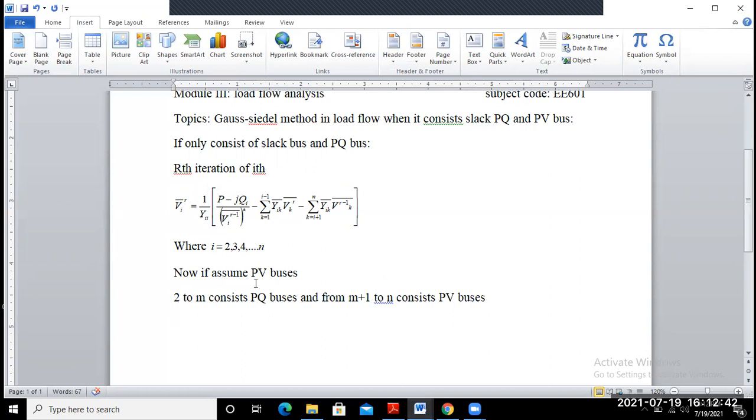So just write down here, for the Rth iteration of the ith bus, similarly we can write as in the previous one, whatever we considered in the PQ buses.